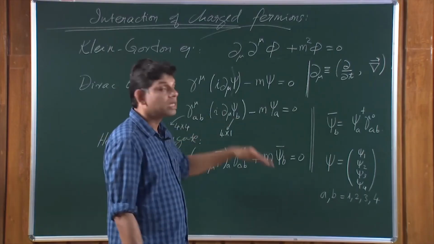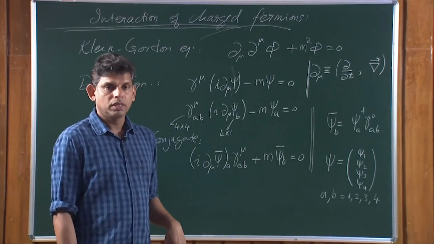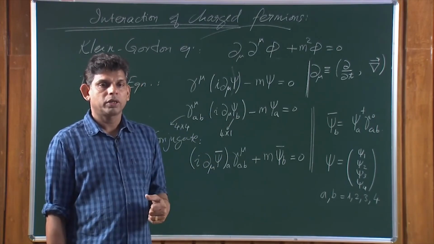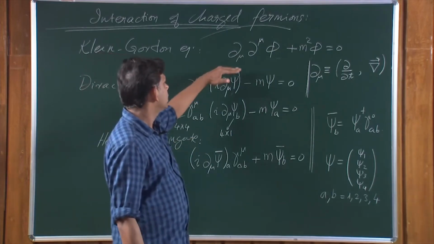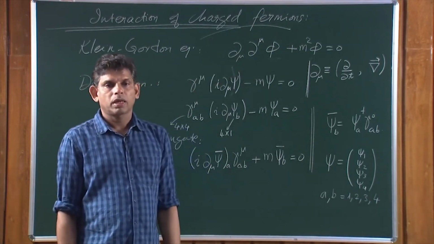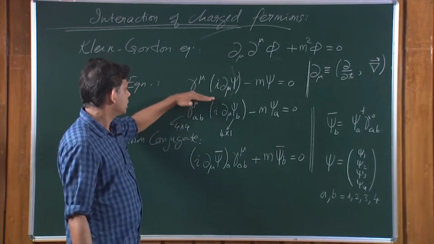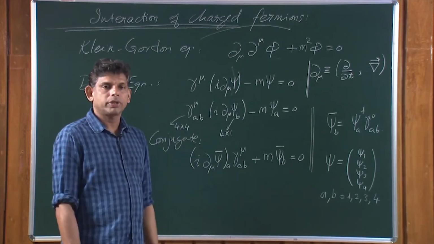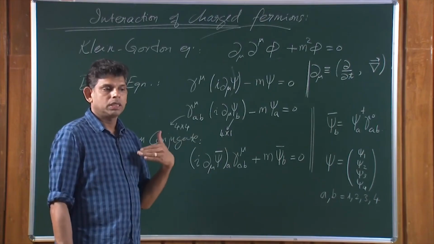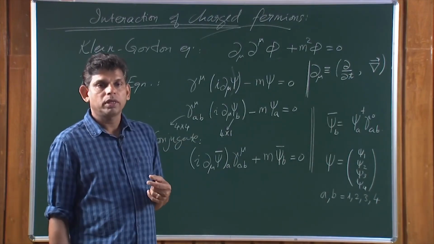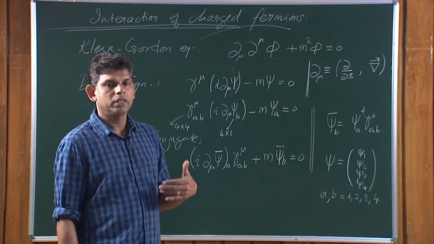The spin of this is not going to be adequately addressed in the Klein-Gordon equation. Therefore, one has to actually consider the Dirac equation to treat the electron, including its spin part.